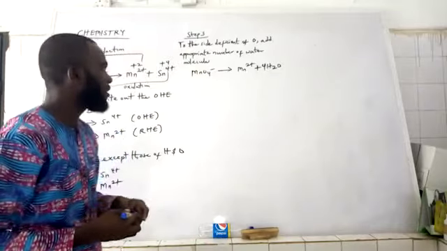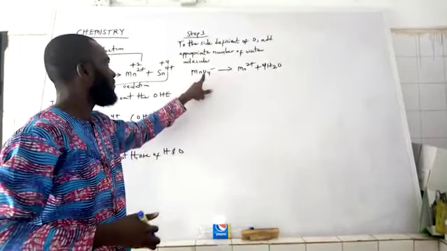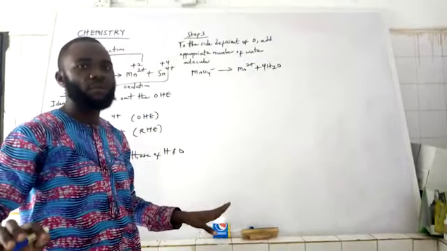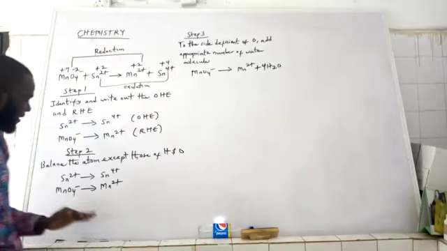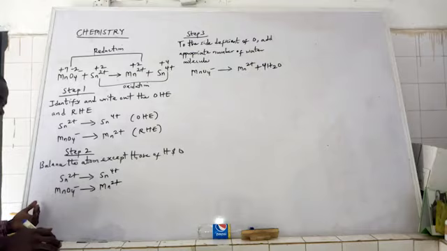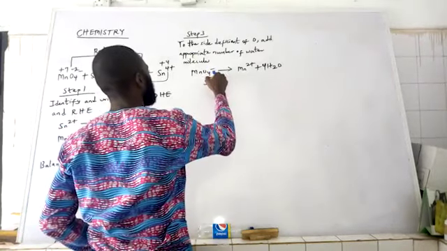So that at the end of the day, I will have 1 atom of manganese, 1 atom of manganese, 4 atoms of oxygen, 4 atoms of oxygen. So I'm done with step 3. I wouldn't apply that to this because I do not have oxygen in any of the sides, whether the left hand side or the right hand side. So I'll move on to step 4.